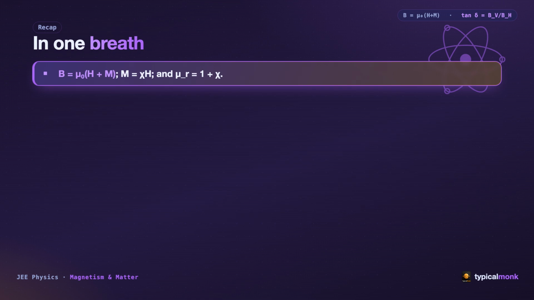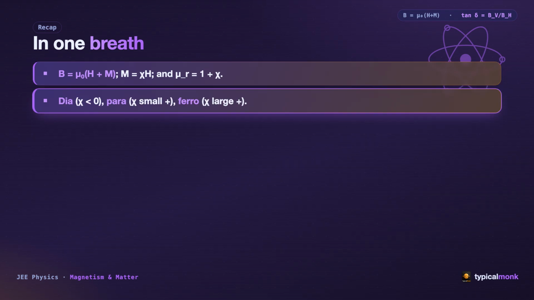Let us gather it all in one breath. B equals mu naught times bracket H plus M, M equals chi H, and mu R equals 1 plus chi. Diamagnetic: chi less than 0; paramagnetic: chi small and positive; ferromagnetic: chi large and positive.